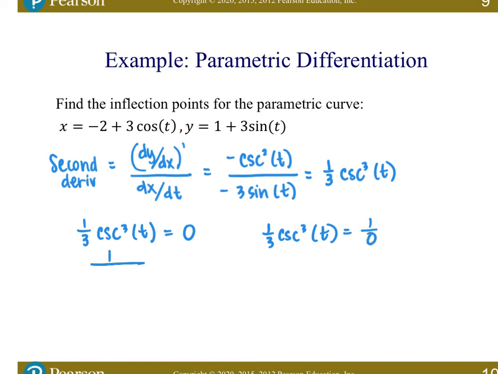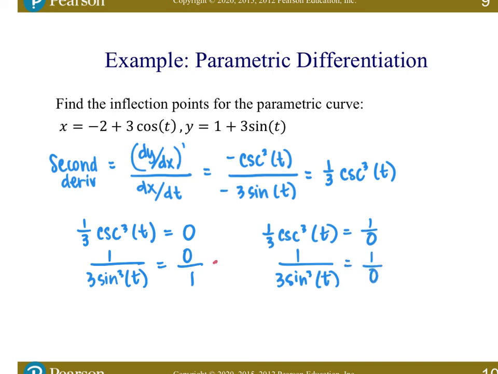So 1/3 sine cubed of t being equal to 0 over 1, or 1/3 sine cubed of t being equal to 1/0.